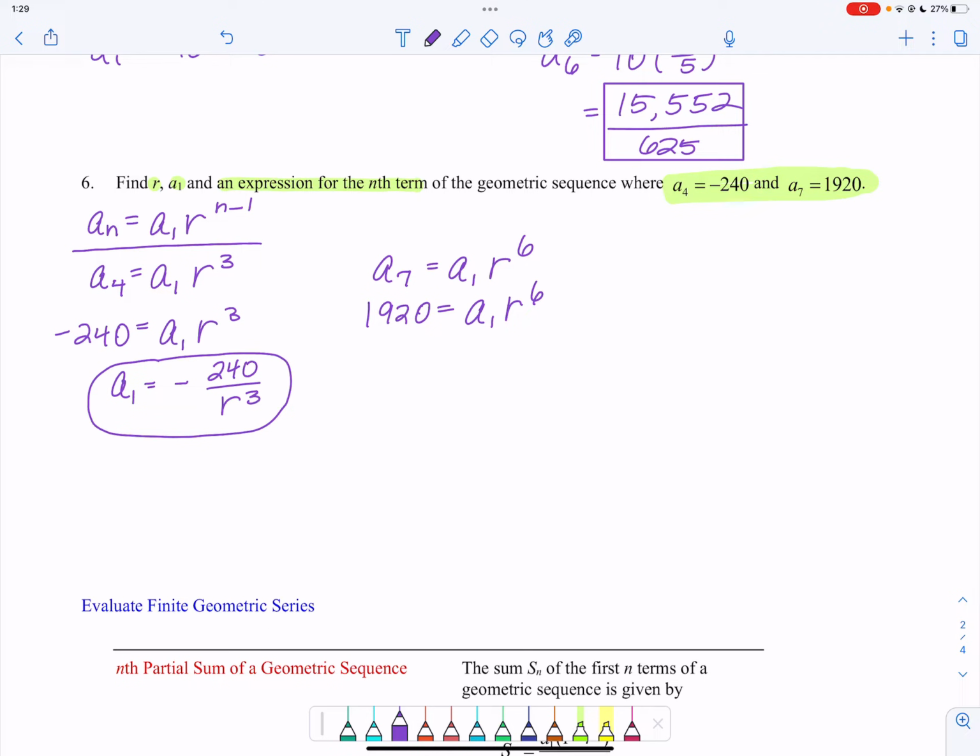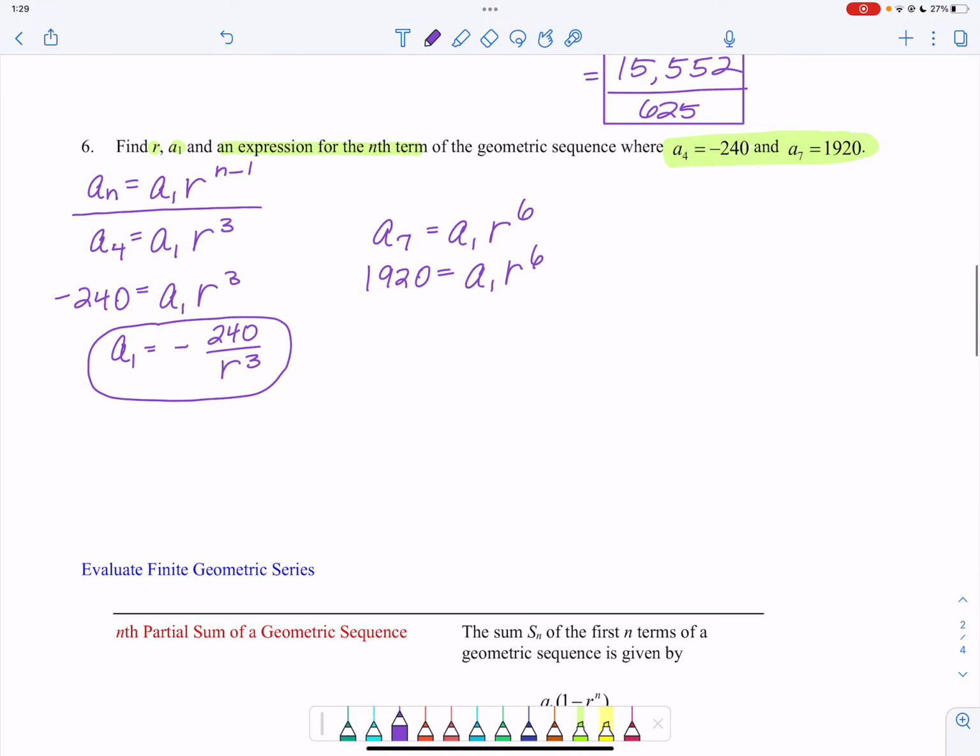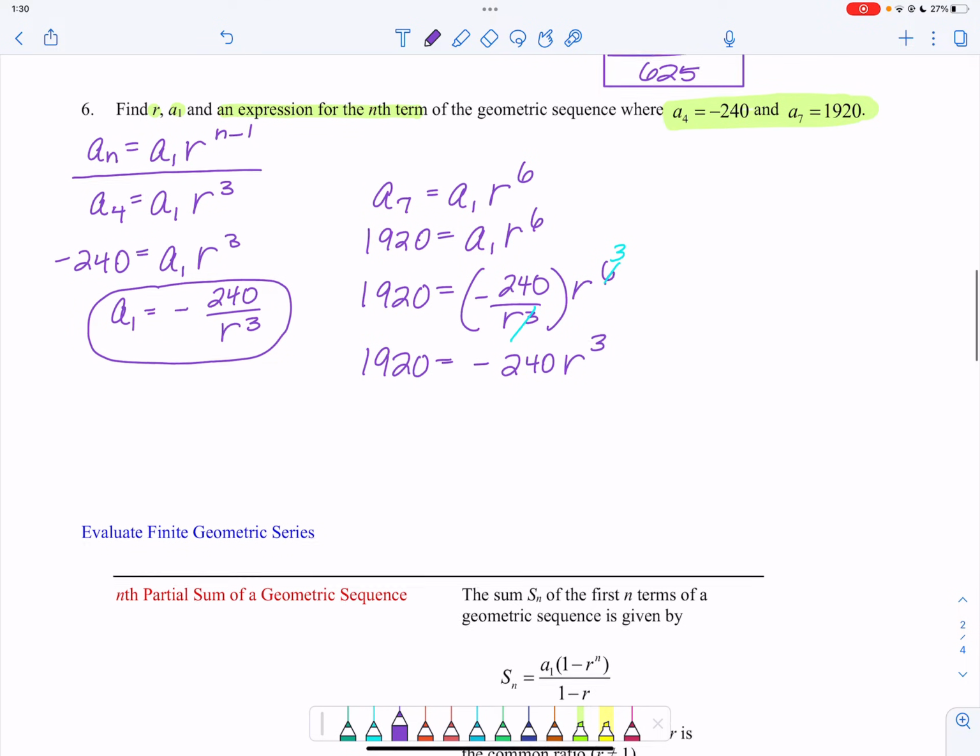We could use substitution, or we could have put these two together. It doesn't really matter, but let's just continue with what we were doing. We will now substitute in this a sub 1, negative 240 over r cubed, times r to the 6th. And as you can see, we will be left with 1920 is equal to negative 240 r cubed.